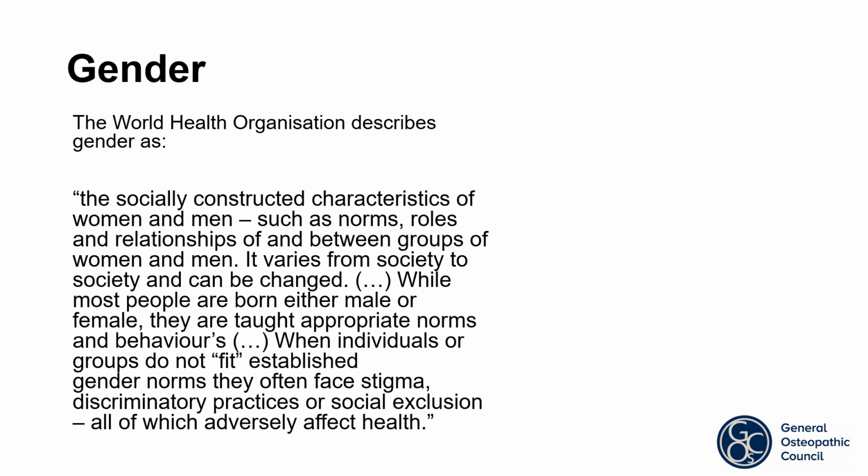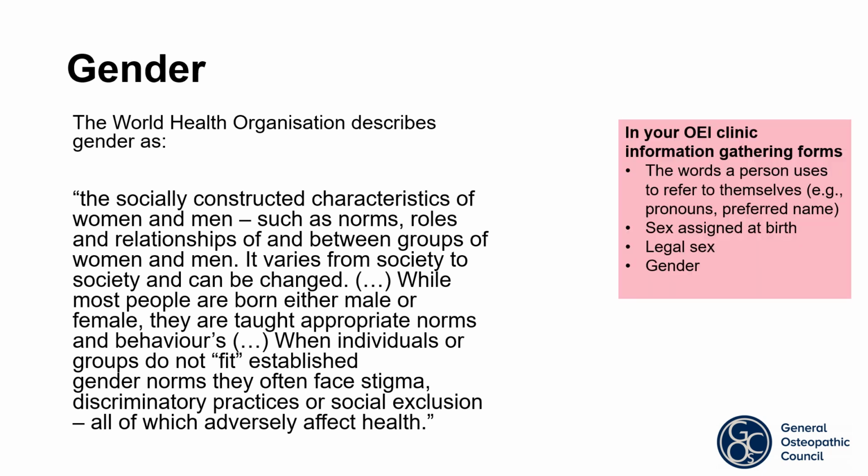And so when we come to think about our information gathering forms, our case history forms, if we're sensitive about this, and we know that there can be people who have changed their gender, can have faced discrimination, we need to encourage allowing someone to describe the pronouns or the preferred names that they want to work with.